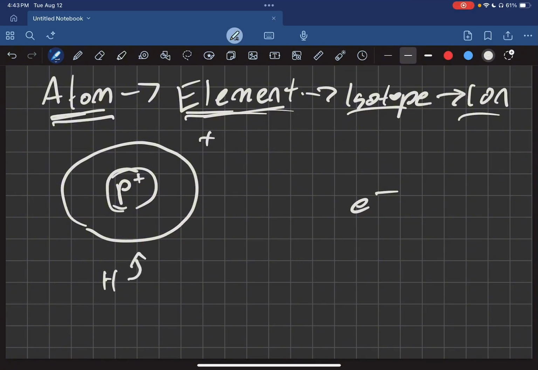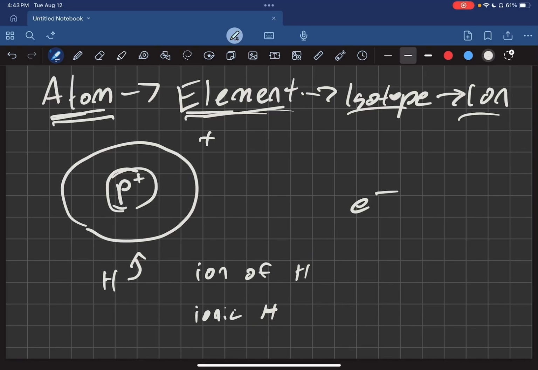So how do we describe that difference? Well, we call this an ion of hydrogen or ionic hydrogen. And all the ion means is that it lost or gained an electron.